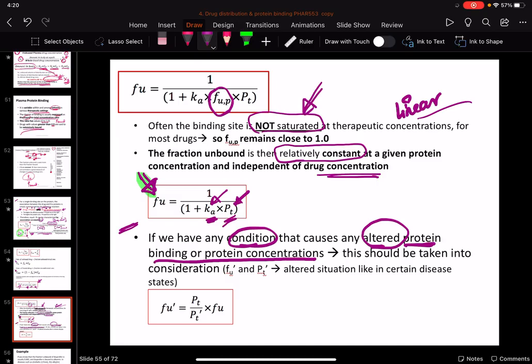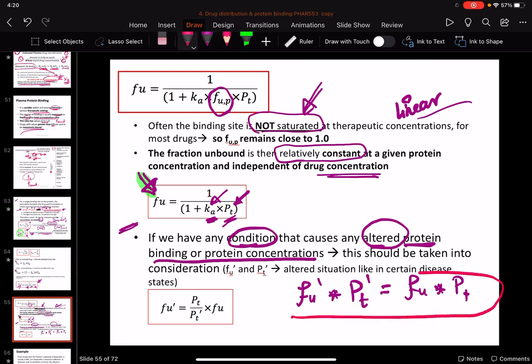So accordingly, if we consider this equation, it's important to determine whatever is happening in the altered situation compared to the normal or healthy.